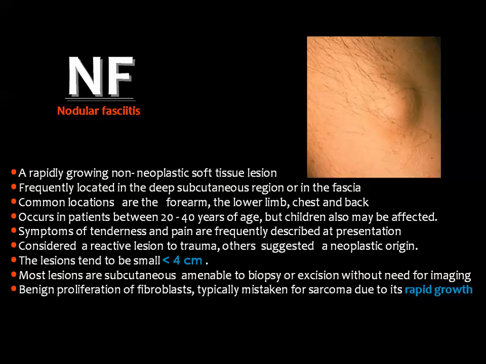Starting first with nodular fasciitis, this is a rapidly growing non-neoplastic soft tissue lesion, frequently seen in the deep subcutaneous region or in the fascia, and it may be mistaken for sarcoma because of its rapid growth. The common locations include the forearm, lower limb, chest, and back, and the age incidence is between 20 and 40 years.